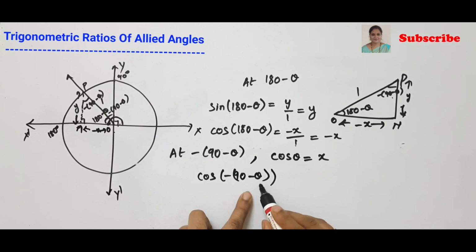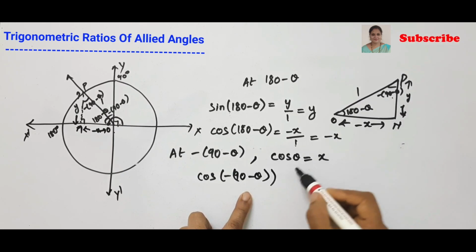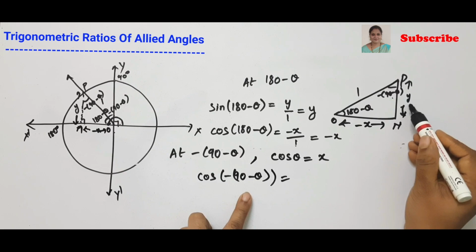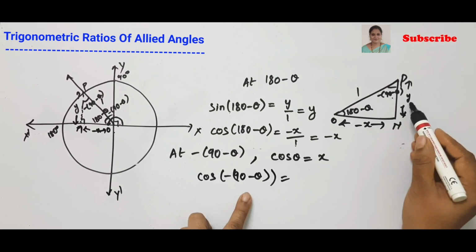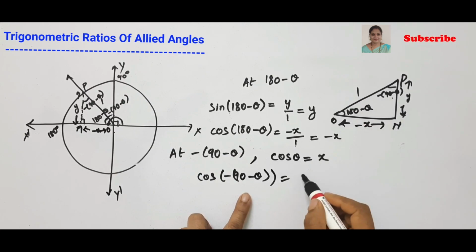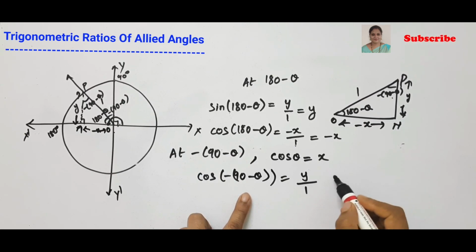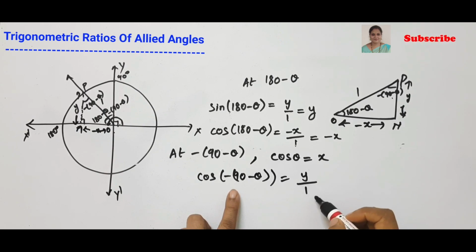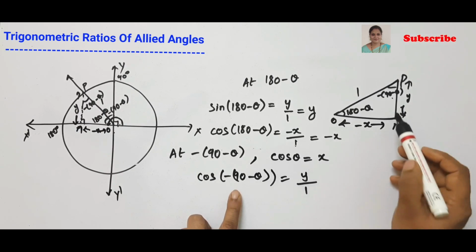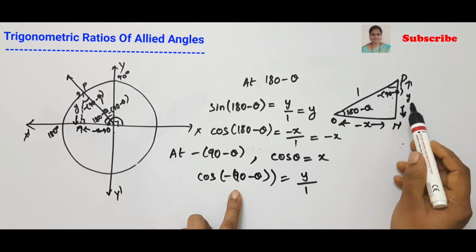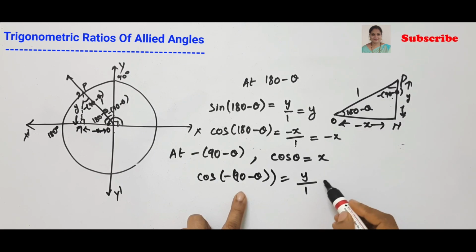Cos of minus 90 minus theta is nothing but adjacent side. Adjacent side is y. Adjacent side to this angle is y and the hypotenuse is 1. So adjacent side by 1. Cos theta is nothing but adjacent side by hypotenuse. So cos of this angle will be adjacent side to this is y by hypotenuse. This is equal to y.